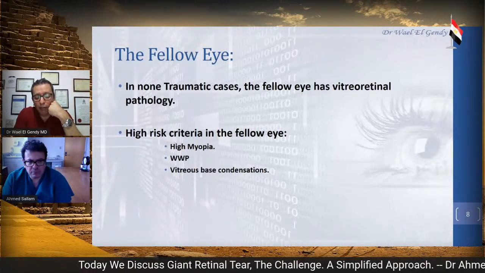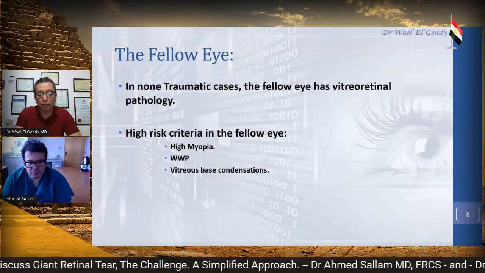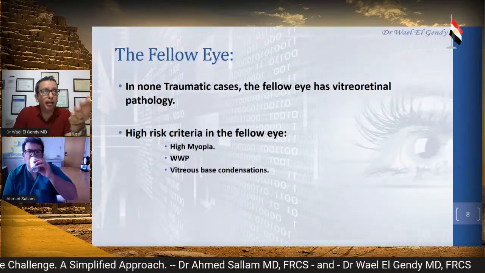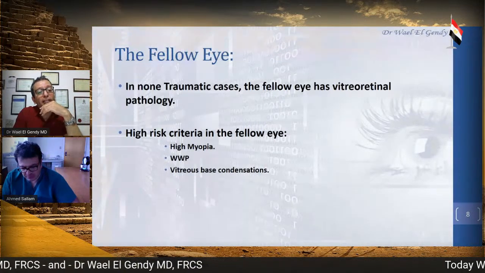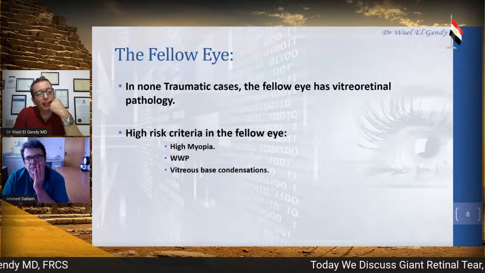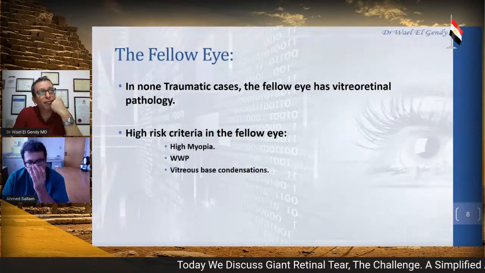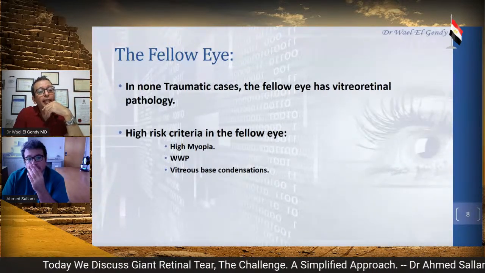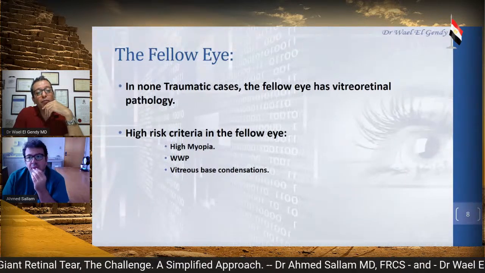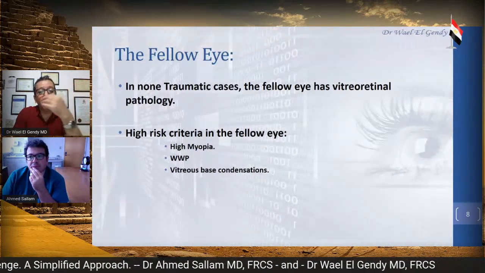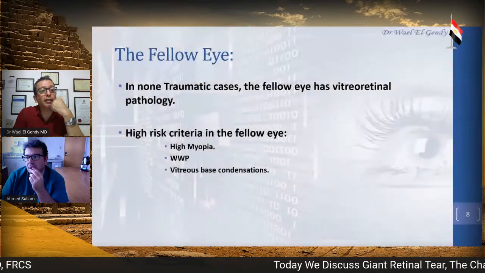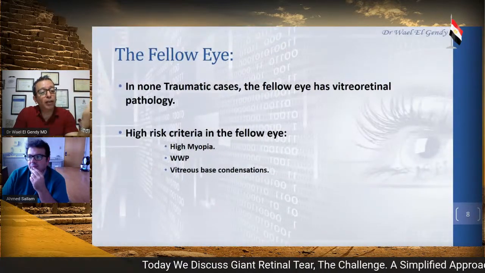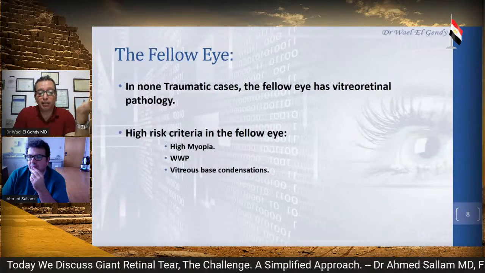Well, what I read is there is no absolute proof that a 360 laser preventive measure gives any additional prevention to the fellow eye, so we wouldn't do that. But again, there is a criteria for high risk in the fellow eye, which was made by Freeman, and these criteria were high myopia, white without pressure, and vitreous-based condensations.